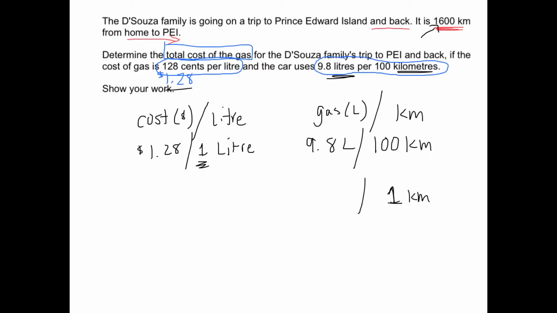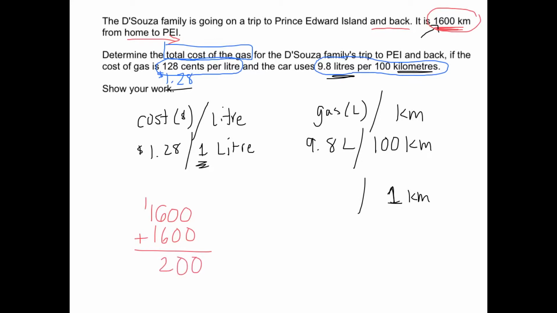Well, do we know the total number of kilometers that the D'Souza family travels? We do know that they travel 1,600 kilometers one way. To come back, they also travel 1,600 kilometers. So how would we find the total number of kilometers that they're traveling? That's right, we would add 1,600 plus 1,600.